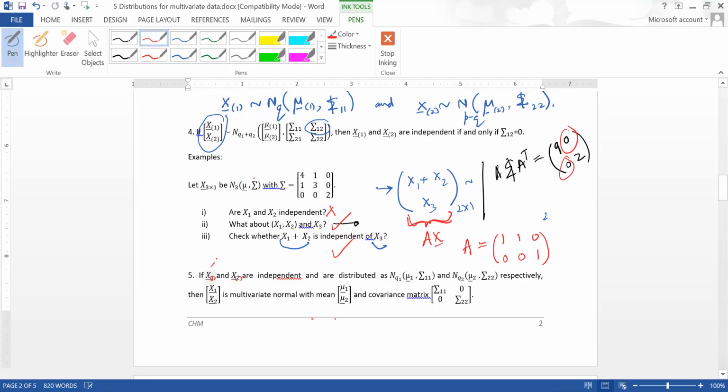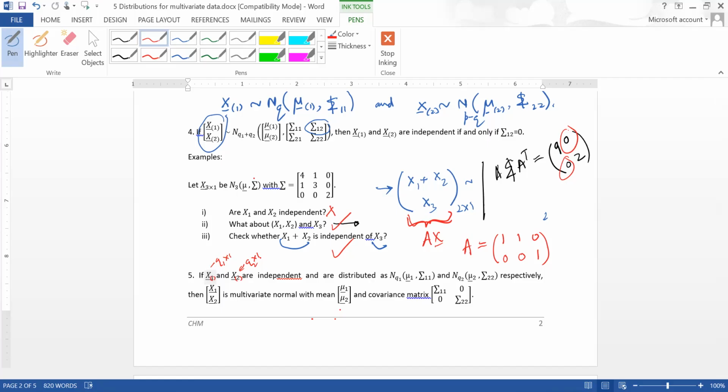Again, this one q1 by 1, this one q2 by 1. When we partition, we consider our p by 1 vector and partition into 2. But here in the fourth and fifth properties, we are talking about two separate vectors, x within parenthesis 1 and within parenthesis 2. So we take them as q1 by 1 and q2 by 1 because we are not talking about any p by 1 vector, right?